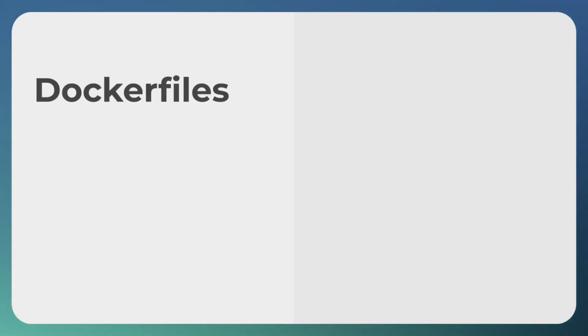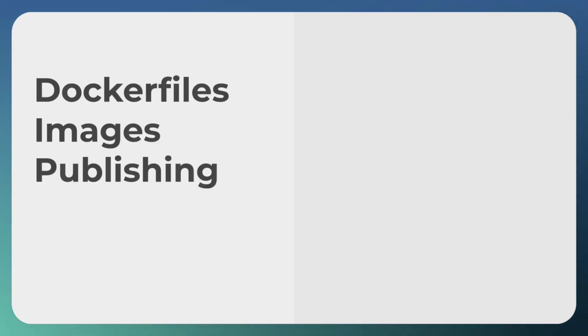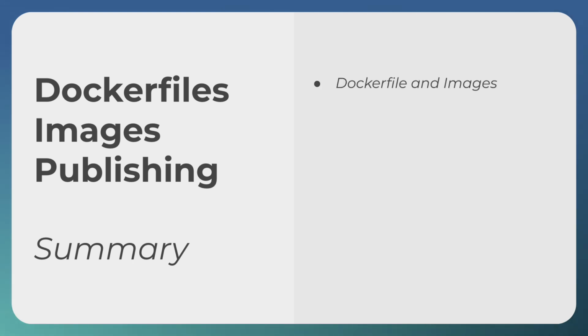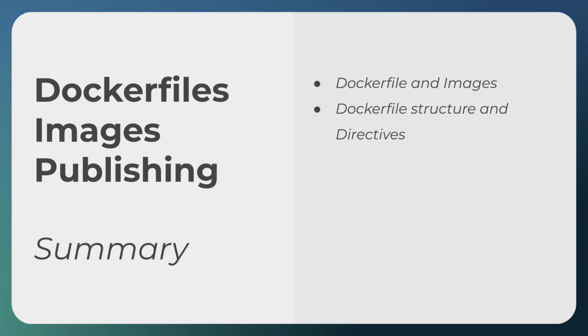All right, so in this section, we talked about Dockerfiles, images, and publishing. So here's a summary of what we covered. We actually covered a lot in this section. We talked about Dockerfiles and images and how they are structured, in this case, directives, and the structure of a Dockerfile, which is the file that is used to create an image.